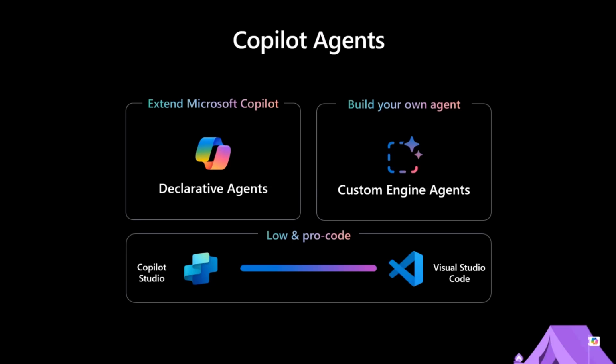Whereas build your own is where you build what we call a custom engine agent, and you use Azure OpenAI or some large language model, much like the previous demo, to drive that kind of chatbot experience. So today I'm talking specifically about extend, declarative agents, pro code, and then how do you authenticate those things.